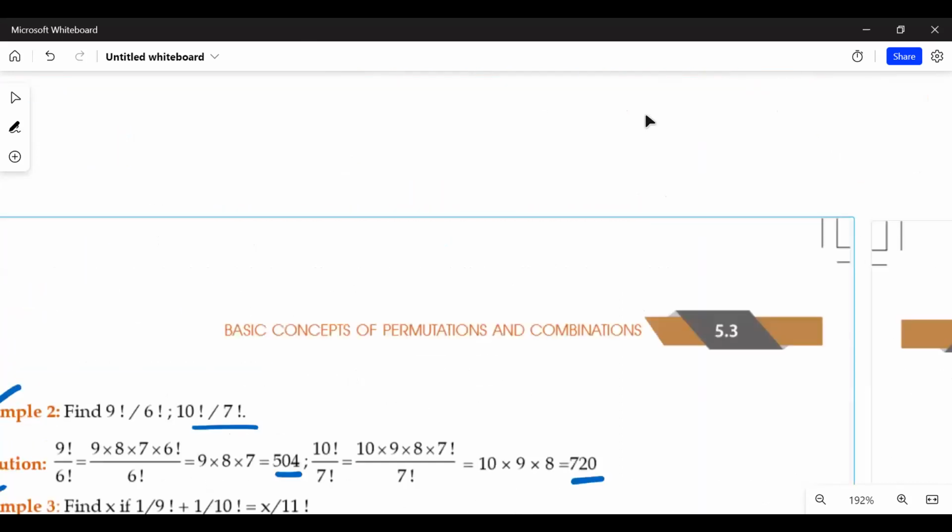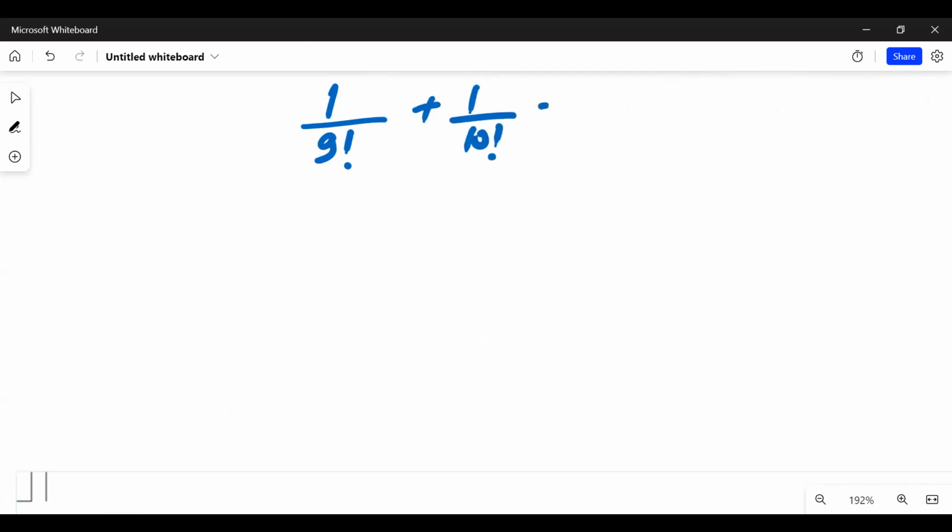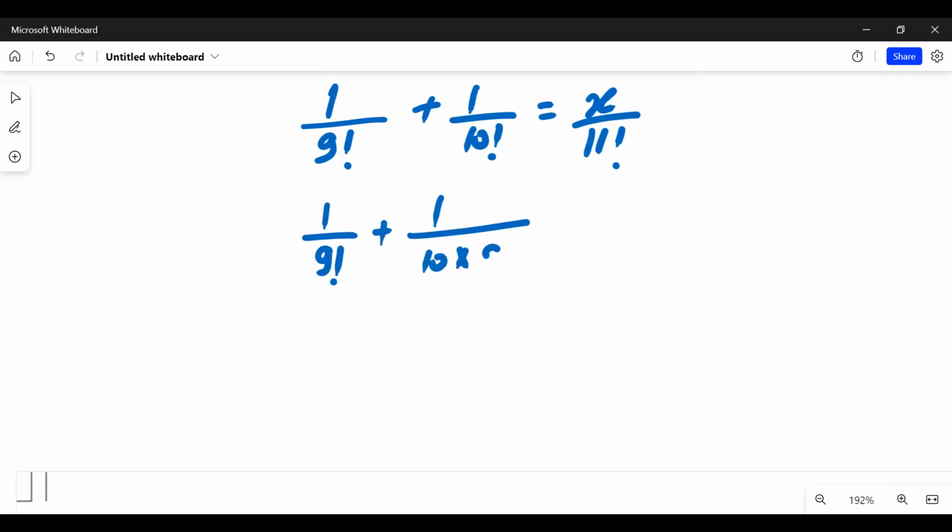See this example 3. What are they telling us? 1 by 9 factorial plus 1 by 10 factorial is equal to x by 11 factorial. So guys, please understand this, that 10 factorial I can write as 10 into 9 factorial, and 11 factorial I can write as 11 into 10 into 9 factorial.